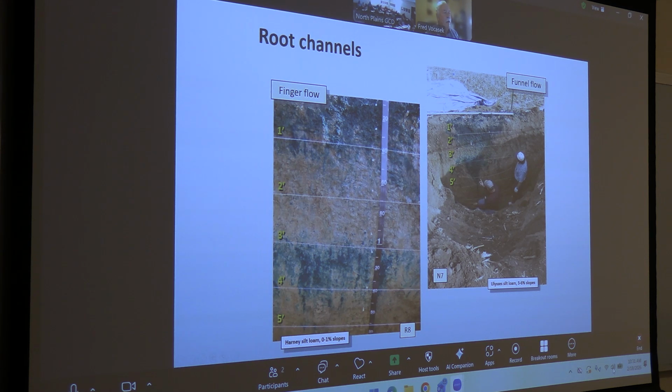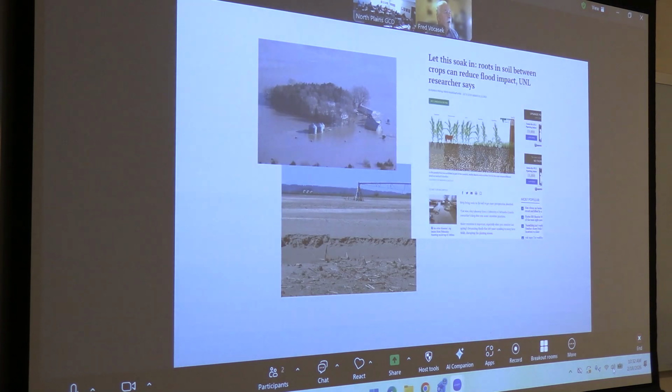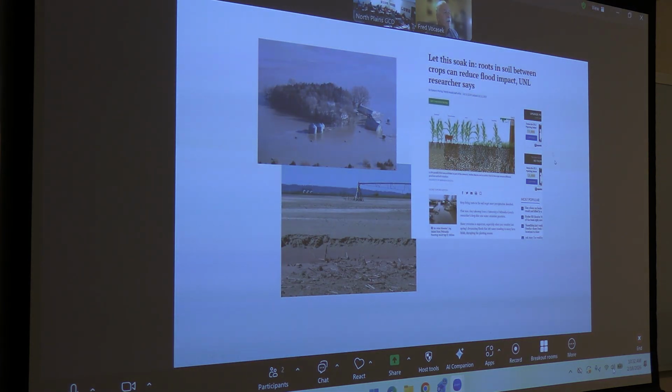So as it concentrates here, it's going to move faster and faster and faster through the profile. So sometimes our profile water movement can surprise us because of these preferential flow pathways, and it can cause some head scratching.